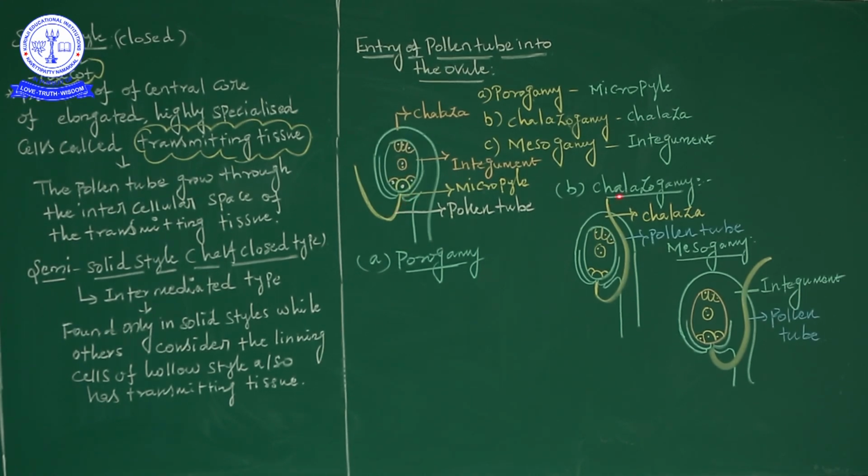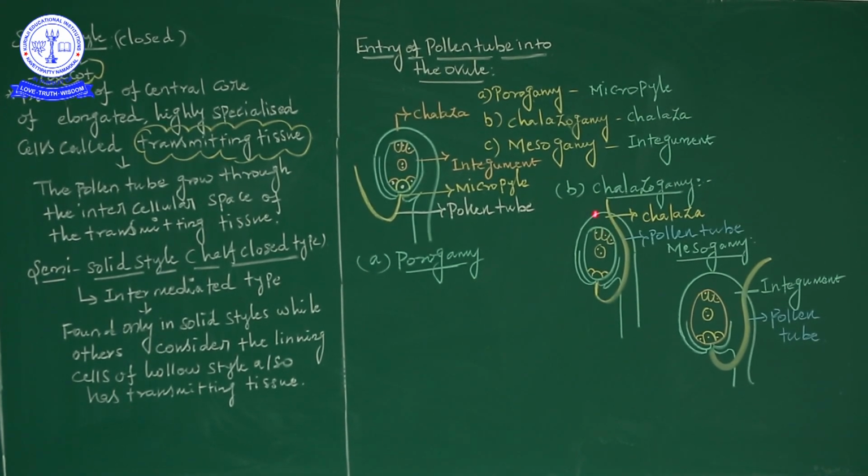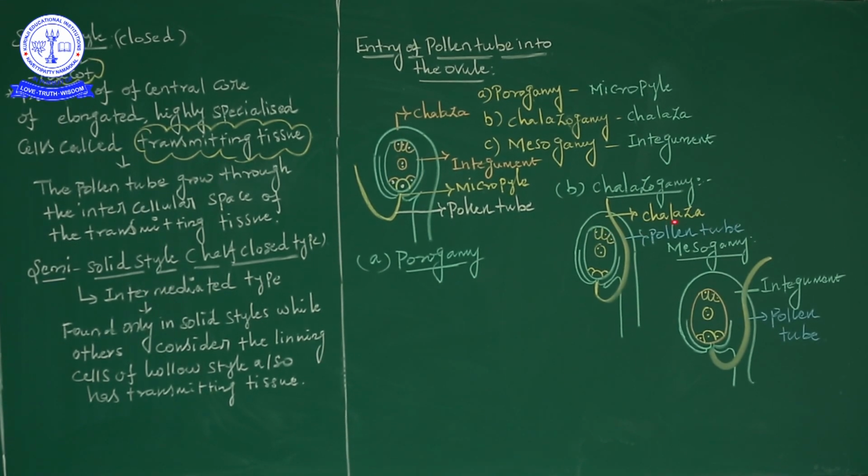And the next one, chalazogamy, that is called the chalazal region. First of all, the pollen tube enters through this chalazal region, rather than entering through the micropyle region. So that entry of the pollen tube is called chalazogamy. Another one, mesogamy.